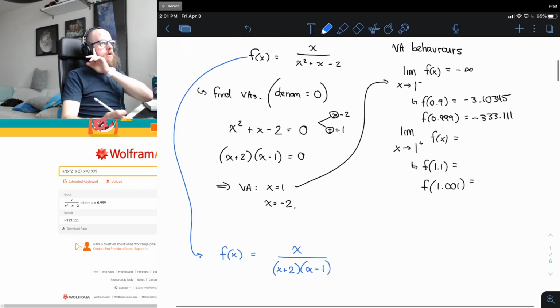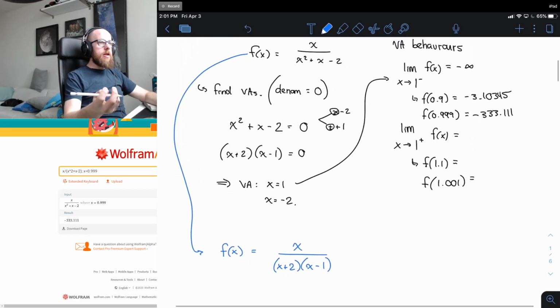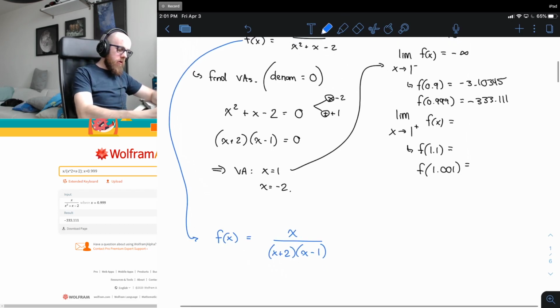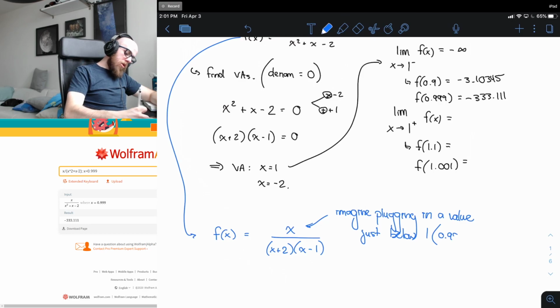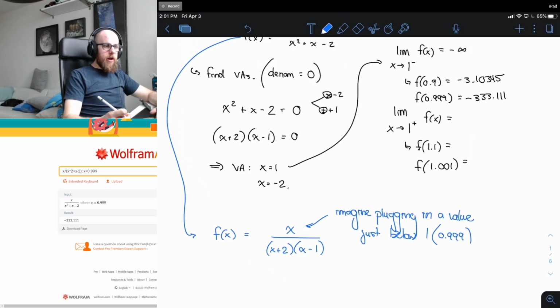Now we can imagine plugging in a value very, very close to 1, but just a little bit less than 1, like 0.999.